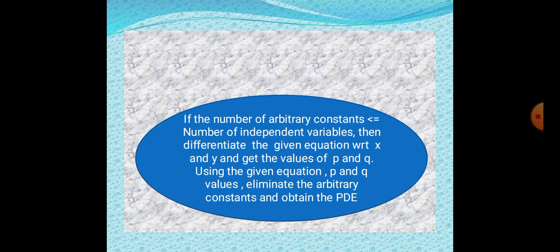Suppose we have a function z in terms of x and y, involving arbitrary constants, then how to form the PDE? Remember point number one. If the number of arbitrary constants is less than or equal to the number of independent variables in the given function z, then differentiate the given equation with respect to x and with respect to y and get the values of p and q.